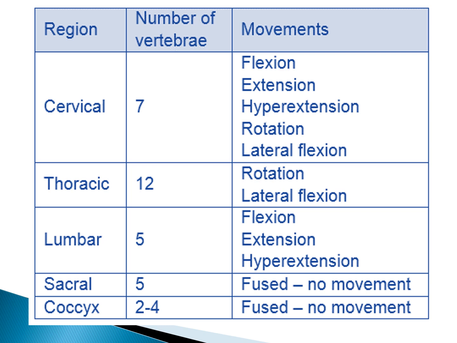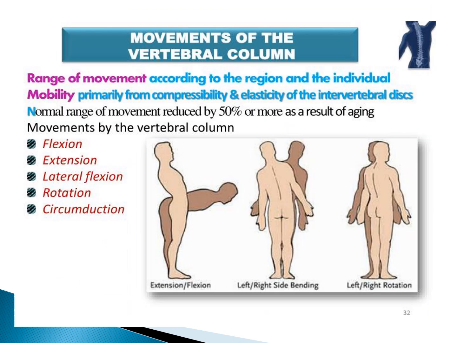Lumbar again has a wide range of movements: flexion, extension and hyperextension. Sacral and coccygeal movements are very restricted because of the fusion of the sacral and coccygeal vertebrae. Overall, the movements of the vertebral column are flexion, extension, lateral flexion and rotation. Putting all these movements together is circumduction.